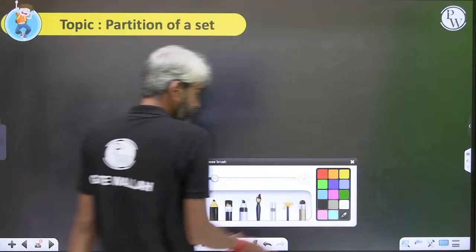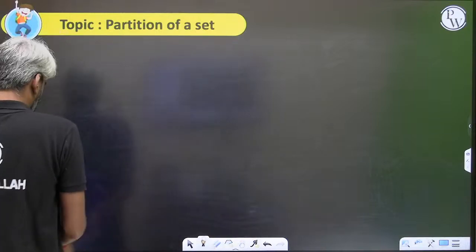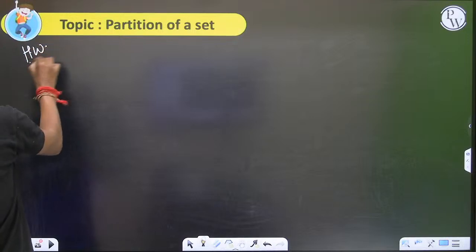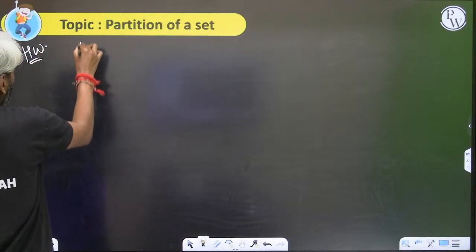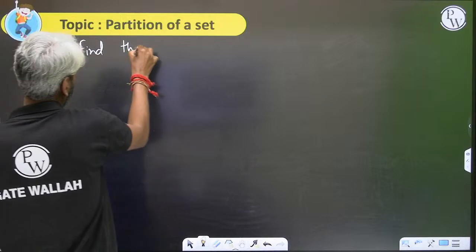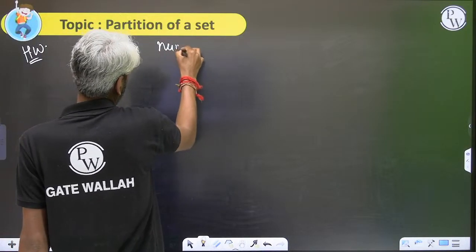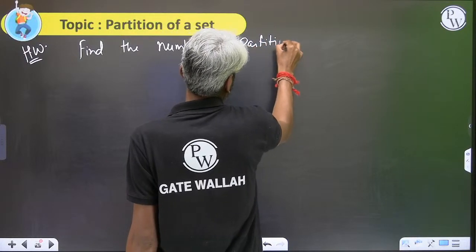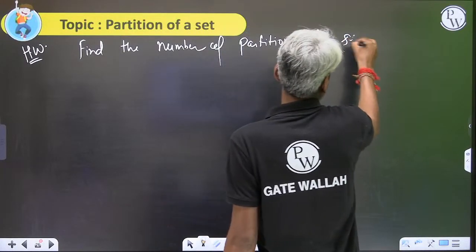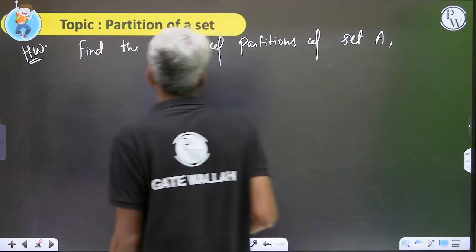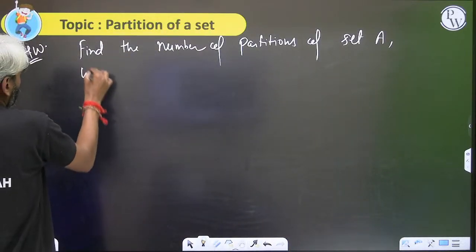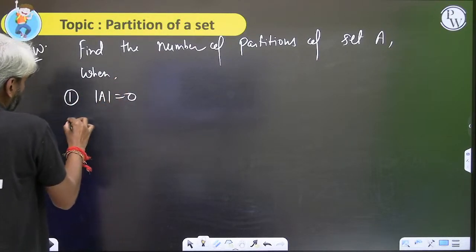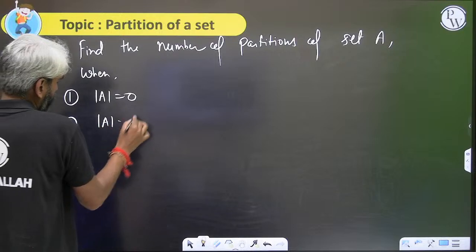So, your homework. Find the number of partitions of set A when, first, mod A equals 0, second, mod A equals 1.